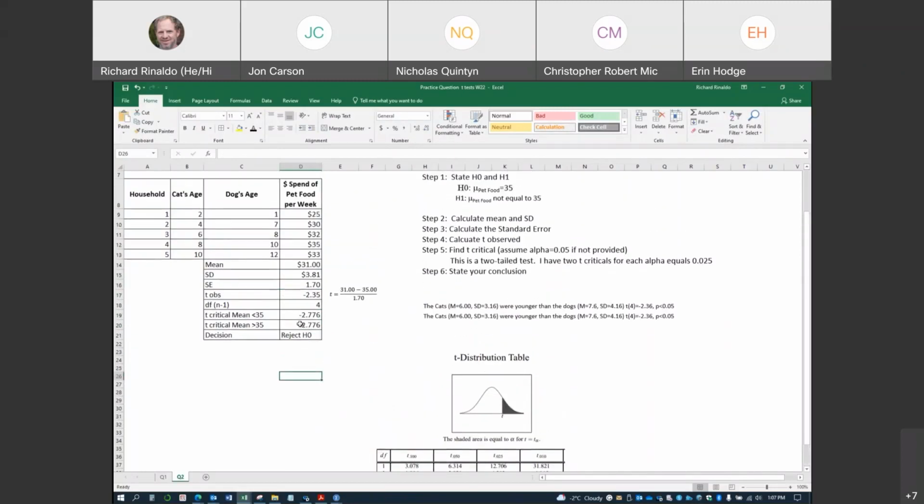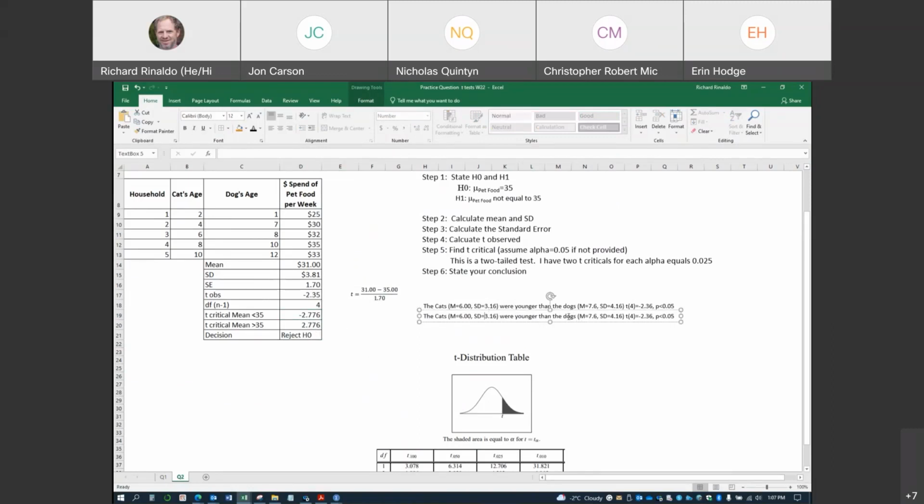Okay, so my T observed is negative 2.35. I'm on the negative side because my mean was less than 35, so I look at the negative 2.776. Because negative 2.35 is not more extreme than negative 2.776, like negative 3 or negative 4, an even lower value, I fail to reject the null hypothesis.